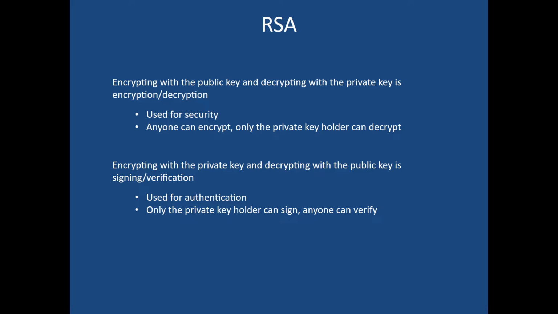So if you're trying to send to Bob, Bob needs to give you his public key. You encrypt the message with Bob's public key and then send it to Bob. Anyone can intercept the message, but presumably Bob is the only one who knows his secret key unless he shared it. So only he can decrypt it without massive effort, as far as we know. That's the standard way to do encryption with RSA.